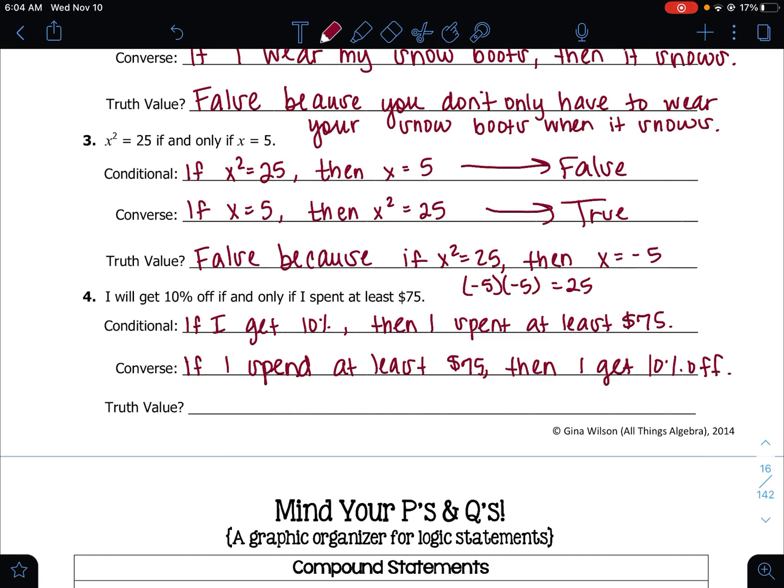Okay, now I'm just going to say this is false because I don't know any backstory about this. I don't know if we're at a specific store. Are they saying this happens at every store? Because it does not. So this is false because, again, this might happen at a specific store, but it doesn't always happen.